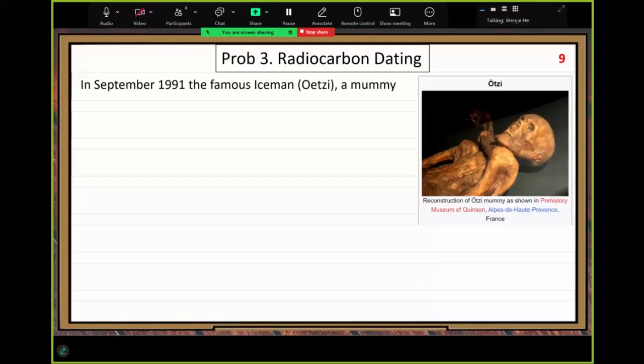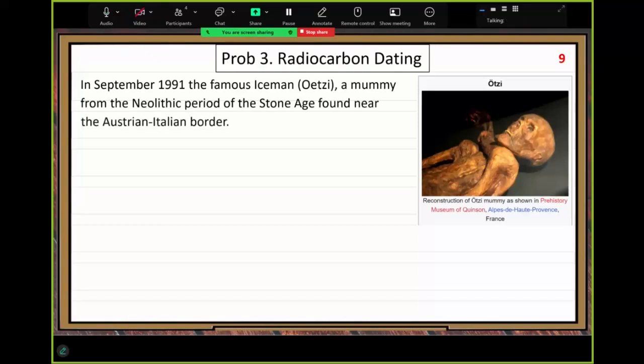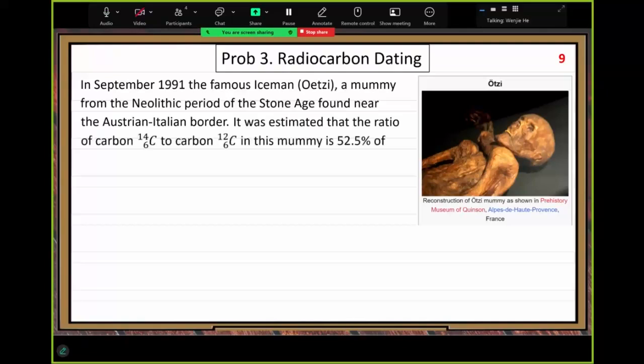In September 1991, the famous Iceman mummy was found. But how to determine its age? That's important. How many years before that time? How to determine that?